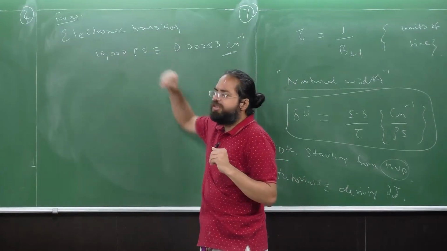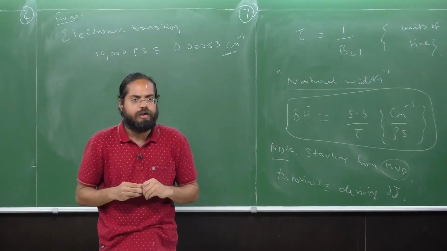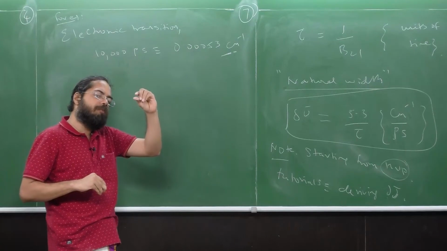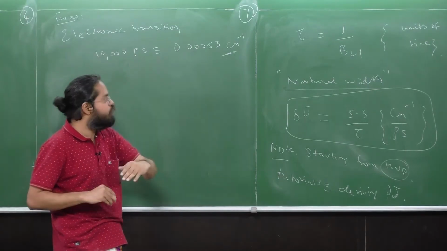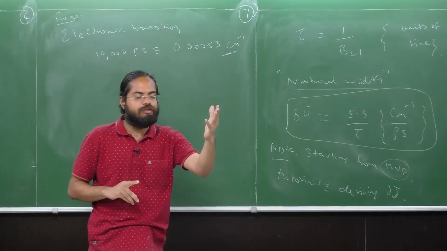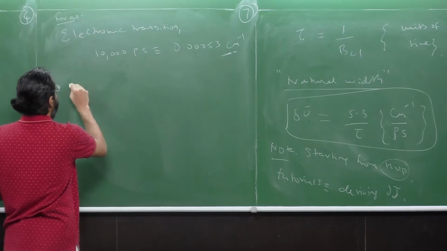Between electronic transition and vibrational, rotational, etc., do you think this natural width is likely to be smaller or bigger as we go from electronic to rotation? The answer is, it's going to be smaller and smaller.